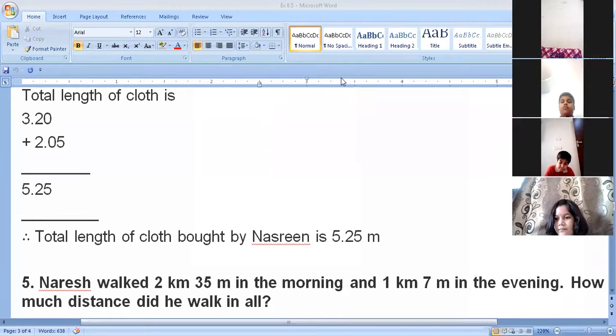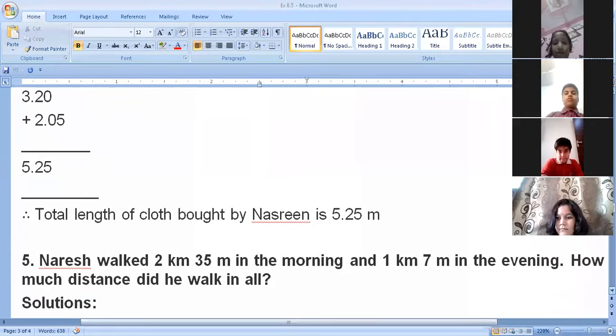How much distance did he walk in all? Okay. Yes, Tanish, your answer is correct. Now what we are going to do here? Addition. Because Naresh walked in the morning 2 kilometers, 35 meters, and in the evening he walked 1 kilometer, 7 meters. Yes, we are going to do the addition.